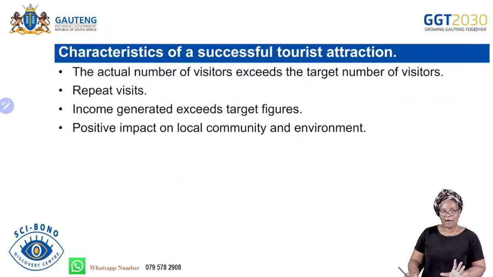But if they're not part of the attraction, then we'll have crime. We'll have negative impact on the attraction. And the tourists won't visit that place because they won't feel safe. I'm sure now we understand why it is important for the local community to be part and parcel of the attraction.